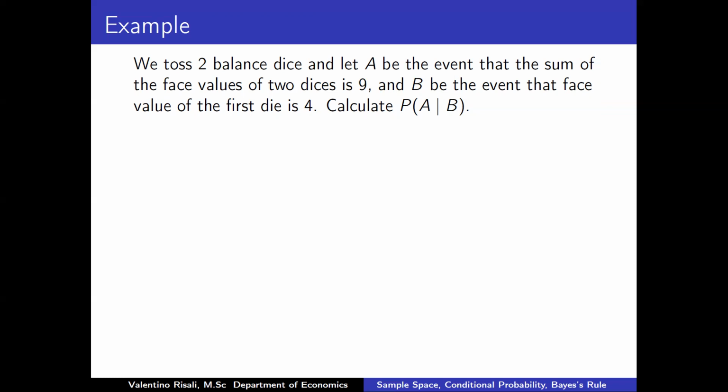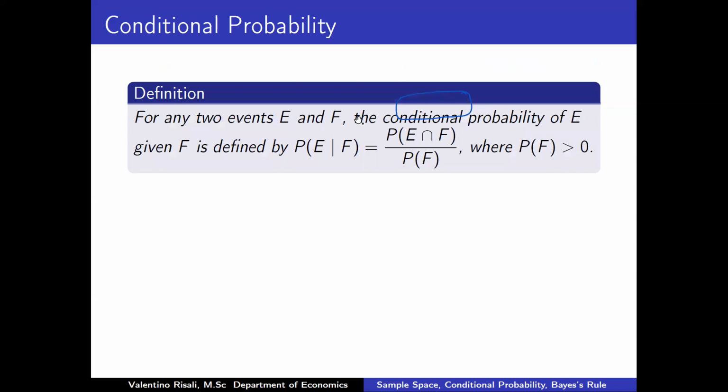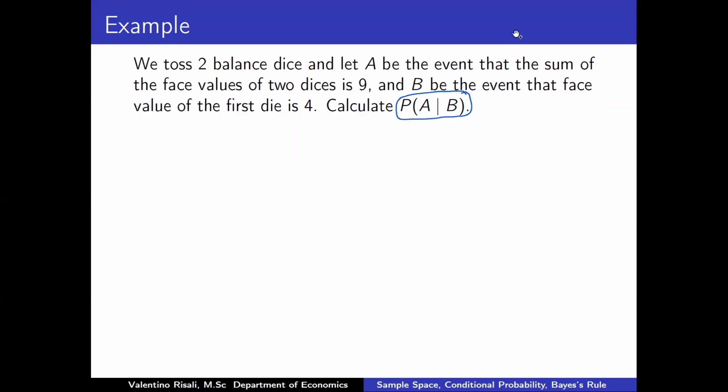Then we must calculate the probability of A given that B. From the previous definition, this value is equal to the probability of A intersection B divided by P(B).